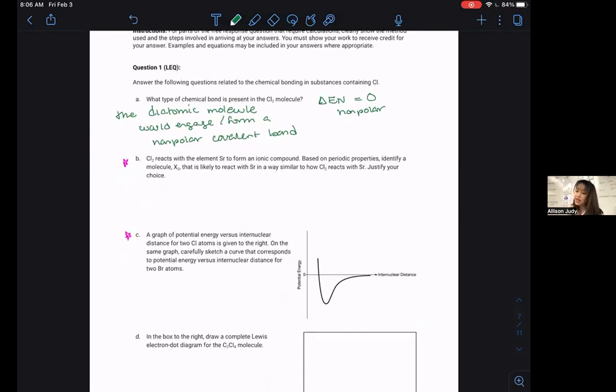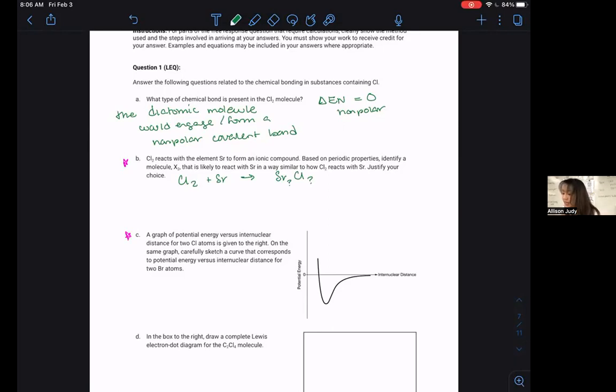Now I'm saying Cl2 is going to react with strontium in some fashion to create some strontium chloride combo. We don't quite know what it looks like, but we know it's going to be bonded and it has to be ionic.